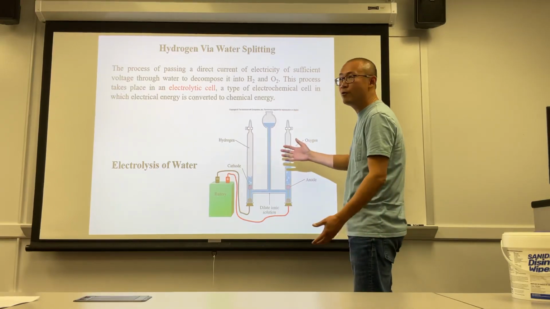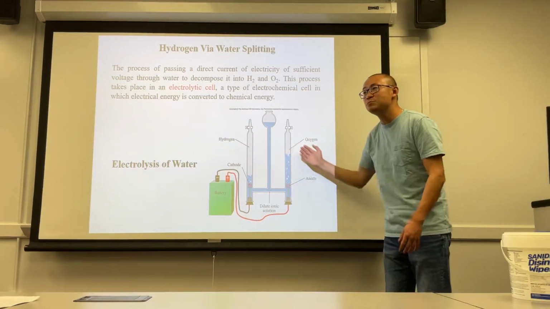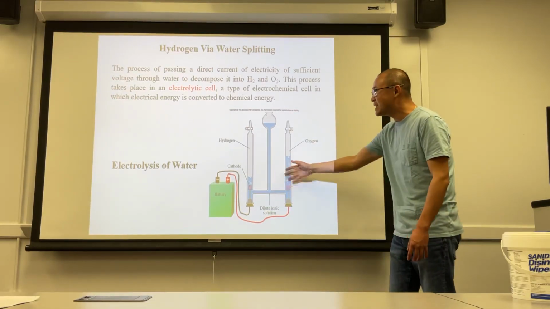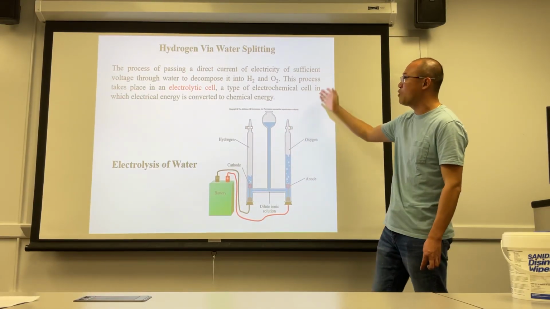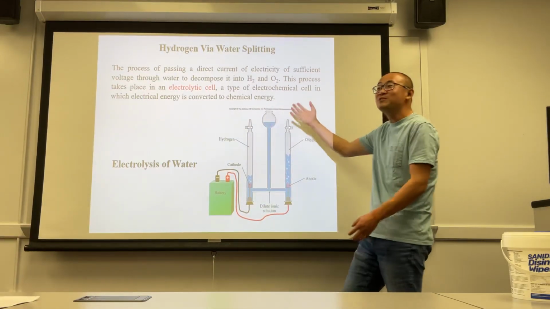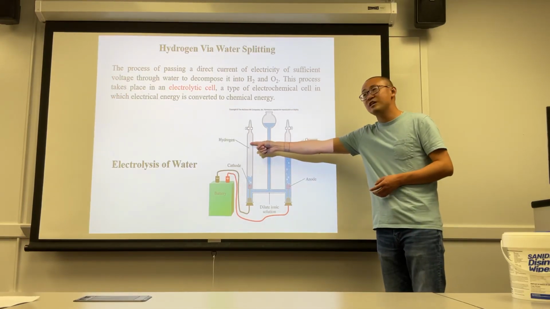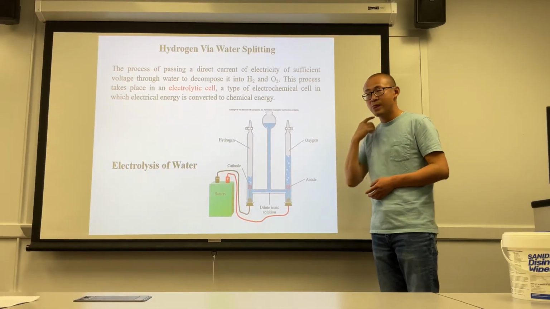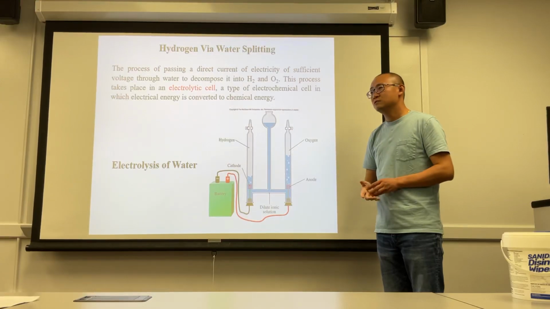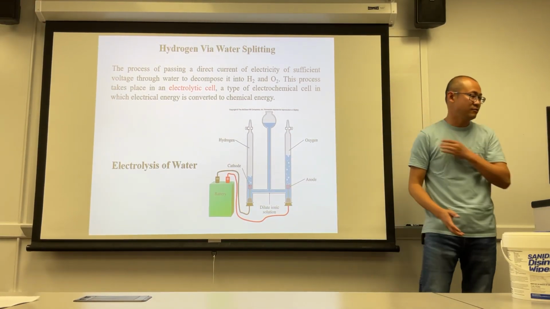Here, we're using electricity to split water. So what happens in the electrolytic cell is we're converting electric energy back to chemical energy. Does it make sense? Remember chemical energy in fuel, in hydrogen. Hydrogen is a high energy element. So this is a different type of cell called an electrolytic cell.